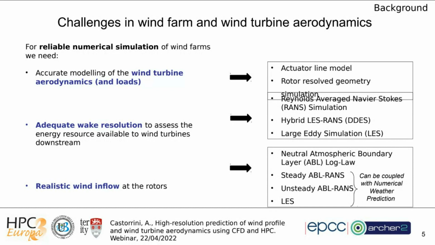And about the computational fluid dynamic model, we will see that it's possible to use different kinds of modeling based on, for example, Reynolds average Navier-Stokes equations, or large eddy simulation, which are much more expensive from a computational cost, or a hybrid technique to try to get a better resolution of the wakes.